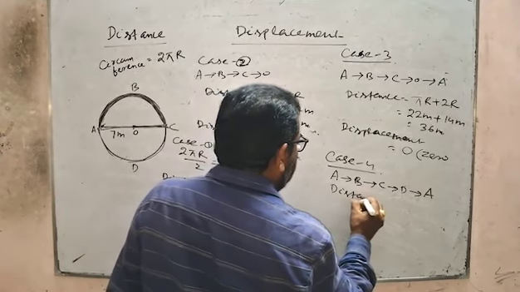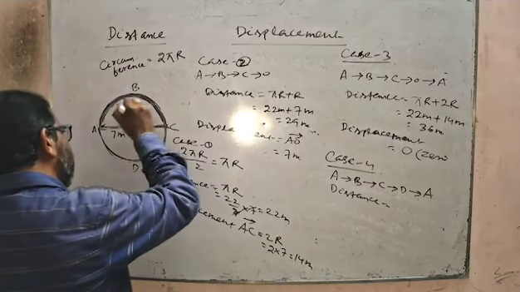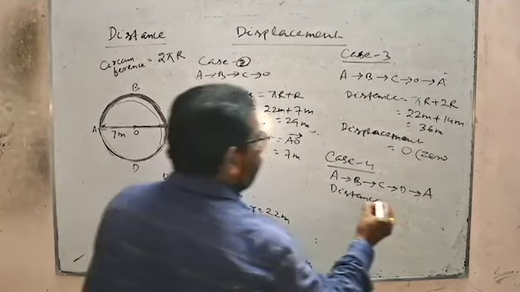Distance is the total circumference, 2 pi r.